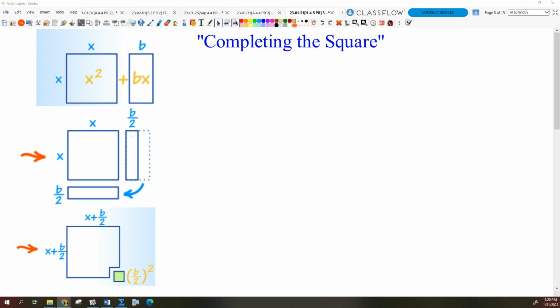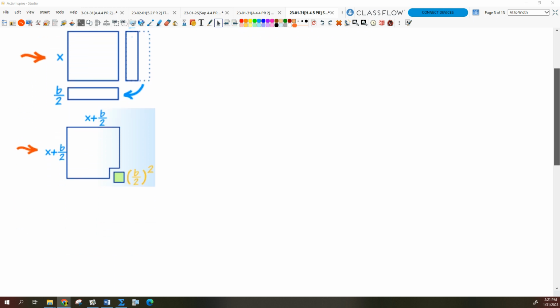By completing the square, we're going to cut this rectangle up into two congruent smaller rectangles, two skinny rectangles. We're going to flip one of those around horizontally and join them onto the square. And we end up with something that looks almost like a bigger square, right?